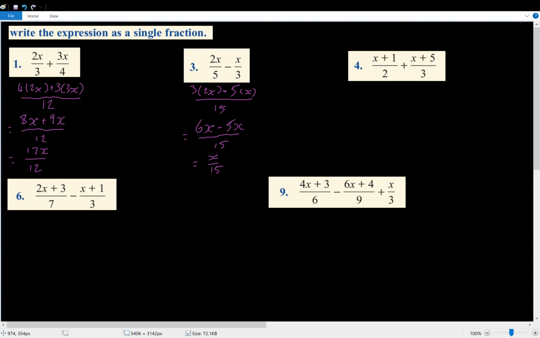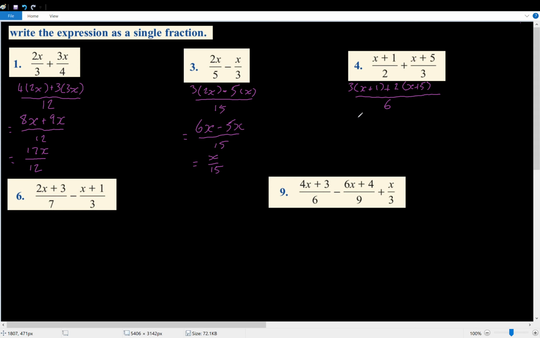for question 3. Now question 4 is going to be a little bit longer because we've got more to multiply on top. The lowest common multiple between 2 and 3 is going to be 6. So put our 6 down. And then 6 divided by 2 is 3, so you multiply everything on top of 2 by 3. It's going to be 3 times x plus 1. Our plus in between stays in between. And then 6 divided by 3 is 2, so multiply 2 by everything on top of 3, which is x plus 5.